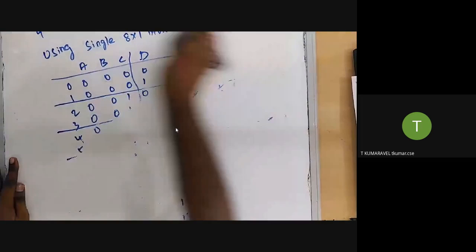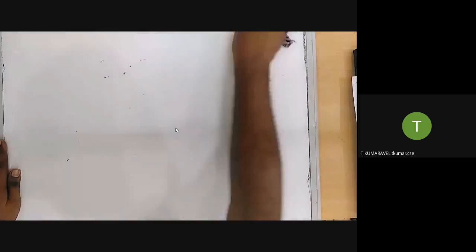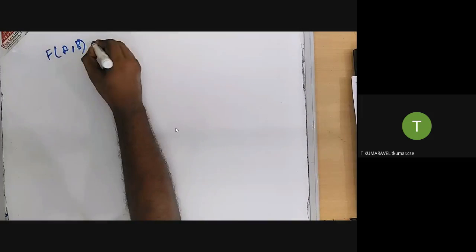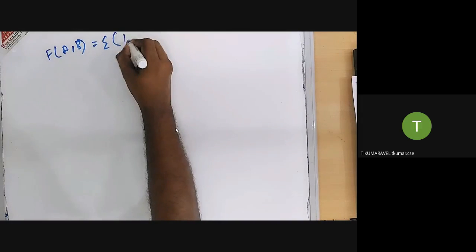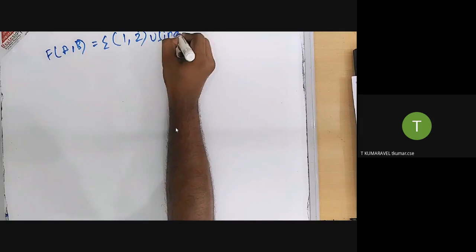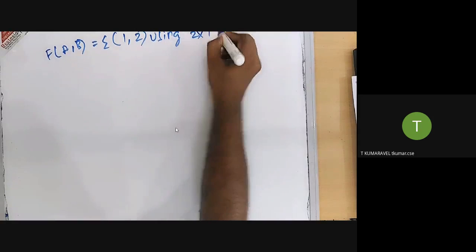So next, what happened? They have given a two variable function as input, A and B, and then they gave the respective minterms. You want to implement that functionality using a 2 by 1 multiplexer.